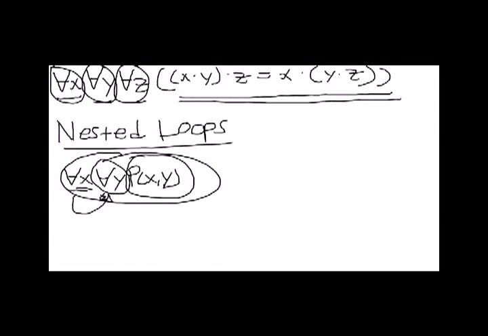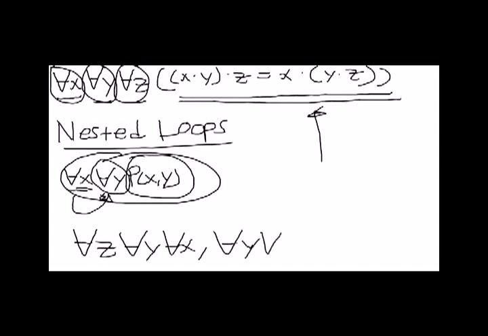Now, going back to this example, we can easily rewrite the order of the quantifiers. Instead of universal x, universal y, universal z, we can rearrange them. For instance, universal z, universal y, universal x, or perhaps universal y, universal z, universal x. There are a couple other combinations that we could choose.